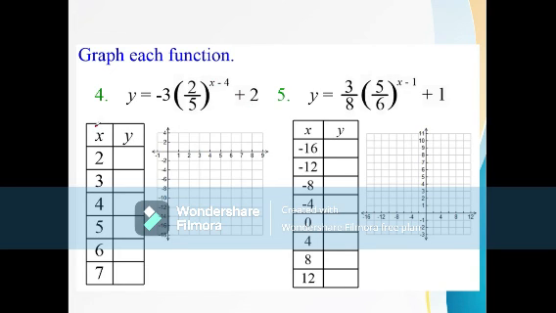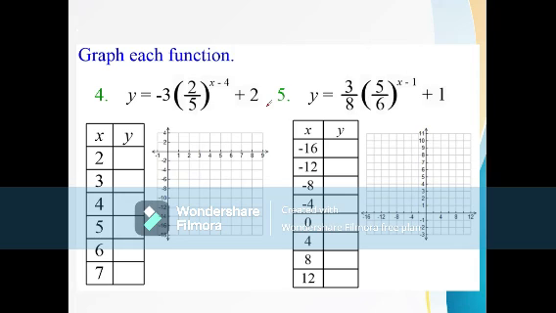Solve first the table of values. You have to complete this one. Our x is 2, 3, 4, 5, 6, 7. Complete the y values, but make sure that you show your solution in solving for y. I will be giving points for the solution in solving for y in each block. Okay?